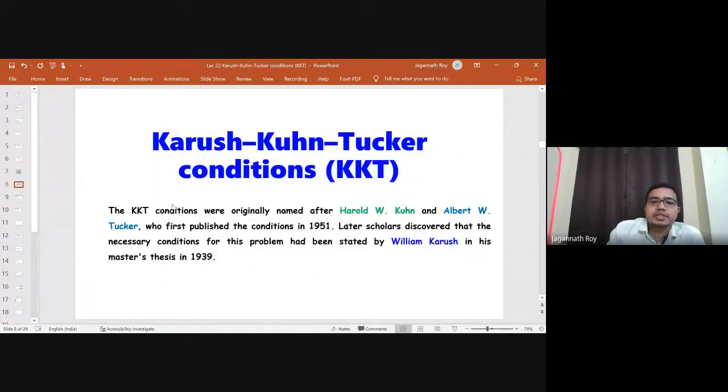Next, we have to understand, if the constraints are less than type, what will be the necessary and sufficient conditions for a nonlinear programming problem with inequality constraints.